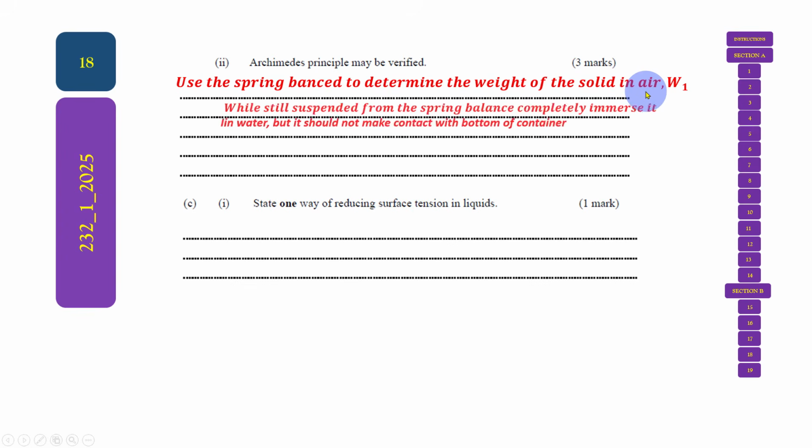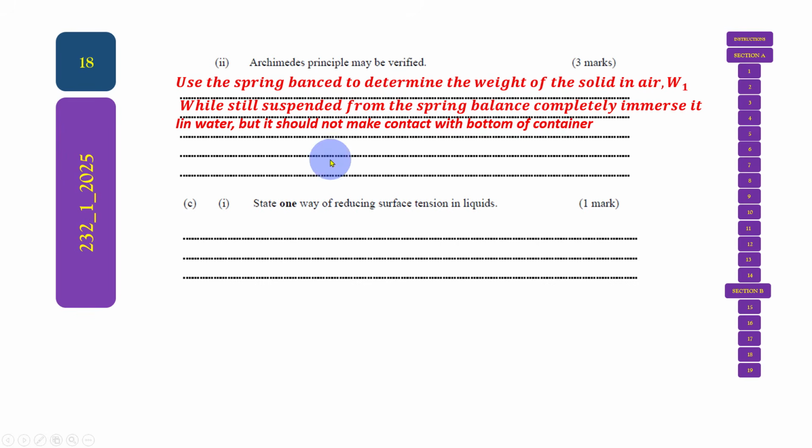All right? What next? While still suspended from the spring balance, completely immerse it in water. But it should not make contact with the bottom of the measuring cylinder. Okay? It will be fully immersed, but don't allow it to touch the bottom of the measuring cylinder.